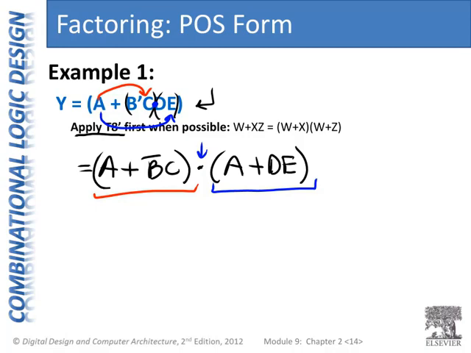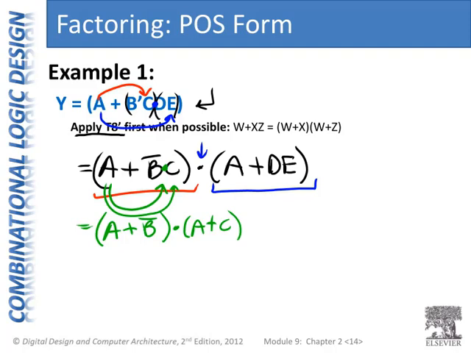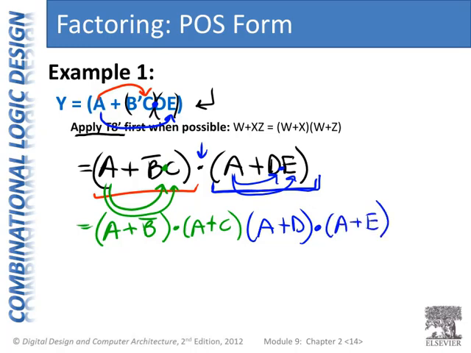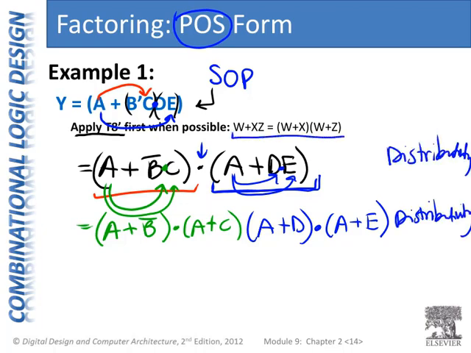Then we can do the same thing within each of those terms: A or B bar, and A or C. And again on this term, we get A or D, quantity, and A or E. Now we've factored that original SOP form of the equation and turned it into a POS form using the distributivity theorem, the dual form of distributivity in this direction.